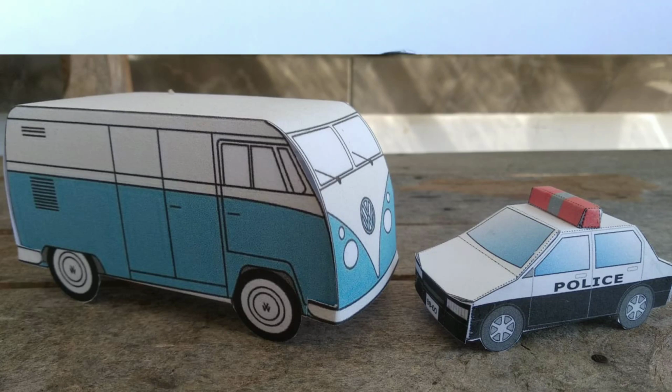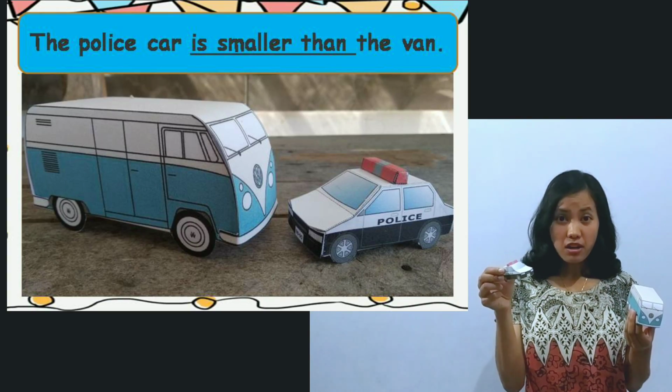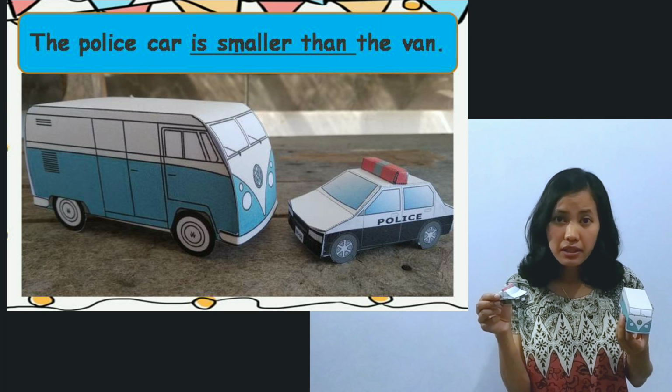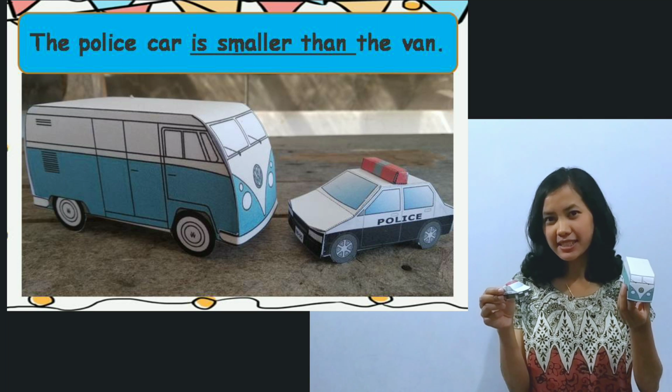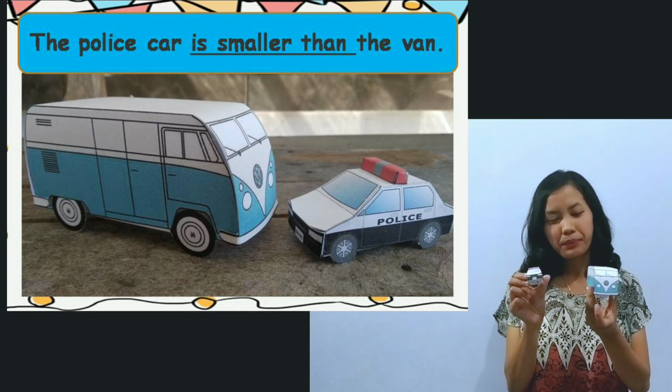Now, I have two things. I have a police car and I have a van. I will compare these things. The police car is smaller than the van. Okay, this is the first example.